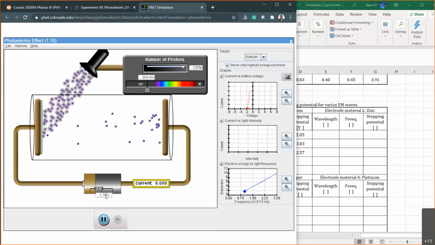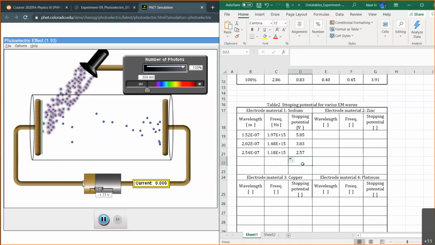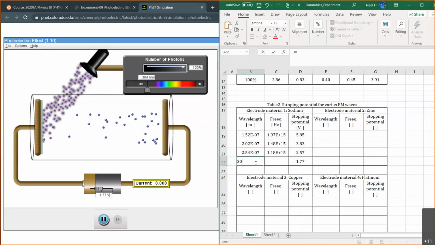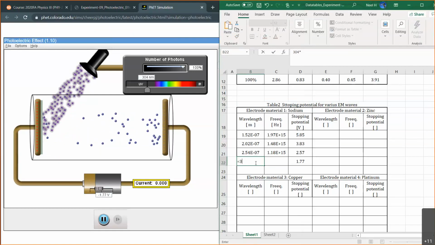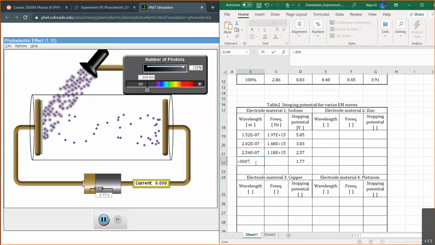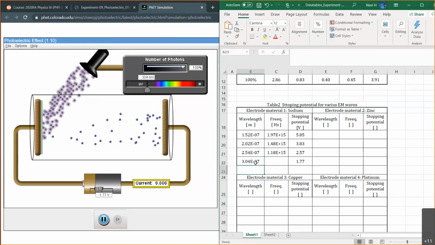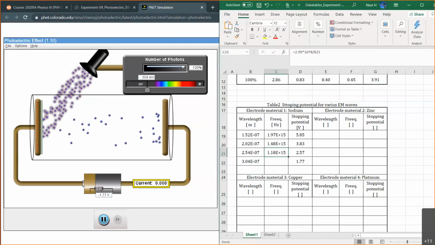How about 1.76? Has a number. 1.77 is 0. So the best stopping potential we can get is 1.77, and the wavelength is about 3 or 4 multiplied by 10 to the power minus 9, and this you can click and drag.